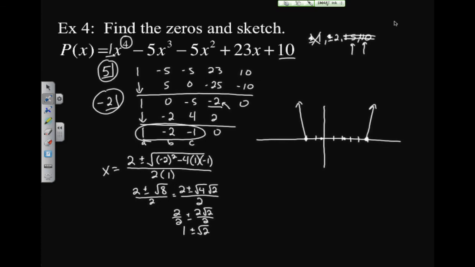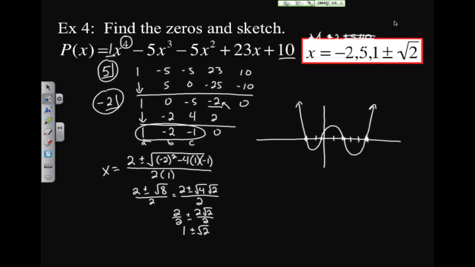And I'm not going to take tons of time to do a sketch. We're going to do more with sketching later. But what's going to happen is this will come down, go back through there, and back up. And actually, this is stretched out a lot further. It actually probably comes down way further on the bottoms and way up higher on the top. But that's going to be just a quick sketch.